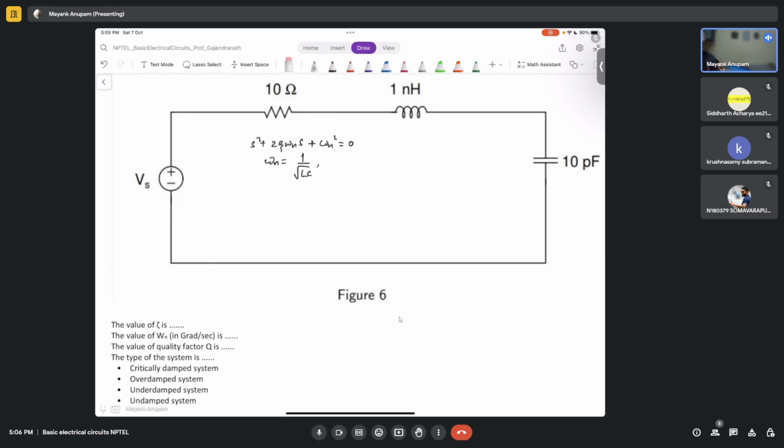Or rather, tell me what is the quality factor. So this is s square plus omega n upon Q s plus omega n square equal to 0. Oh, I think I made a mistake somewhere.